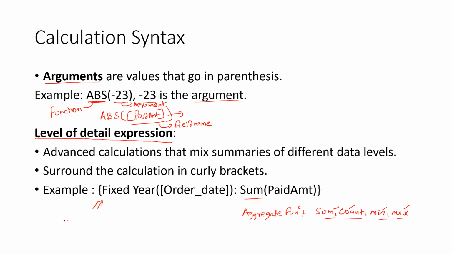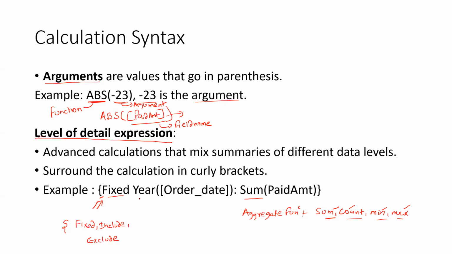Whenever we have a curly bracket, it starts with the curly bracket, and then we have three terms used here. One is FIXED, we will discuss this in more detail, one is INCLUDE, and one is EXCLUDE.